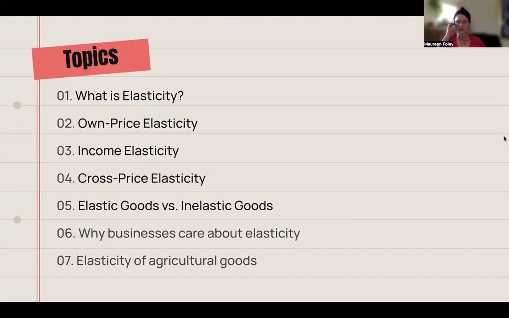Those are the three main types. And then we will talk about and compare some elastic goods with inelastic goods. We'll discuss why businesses might care about elasticity and why economists care about elasticity. And then we'll talk about some agricultural applications for this term.